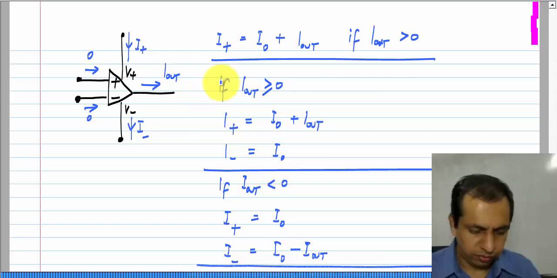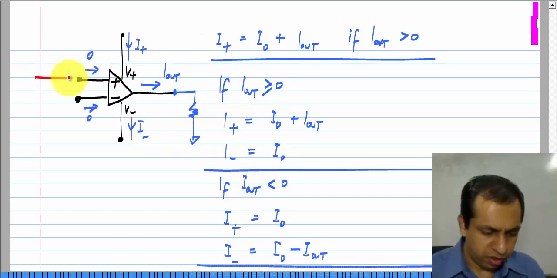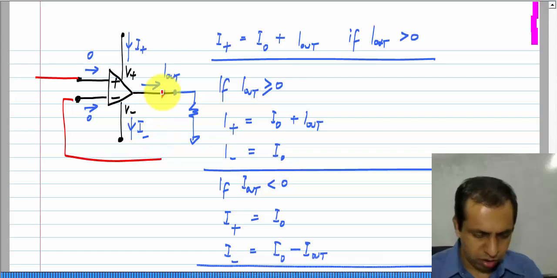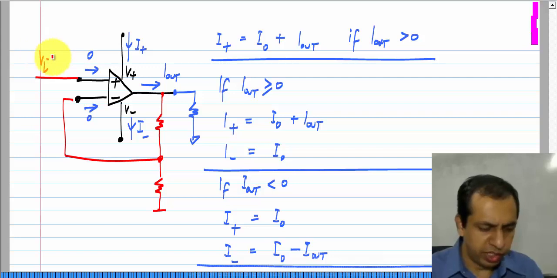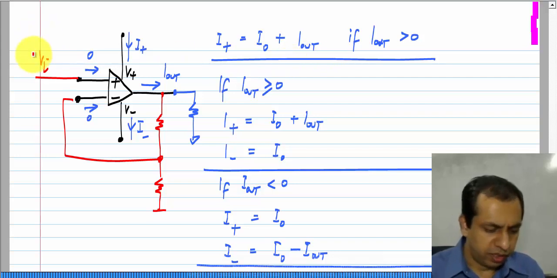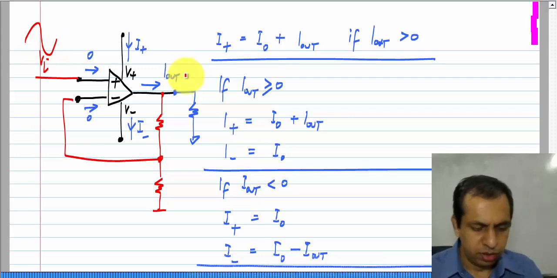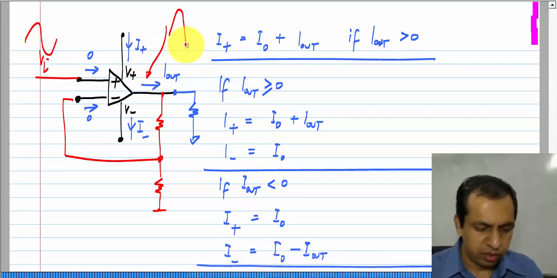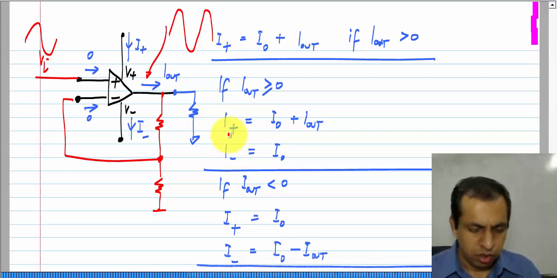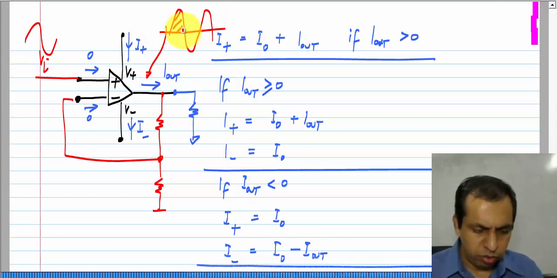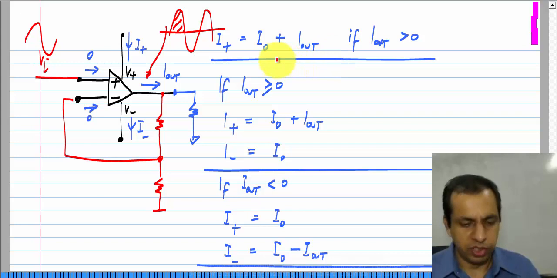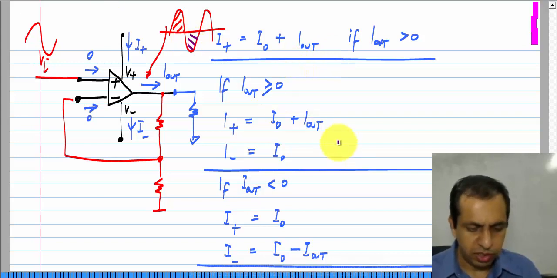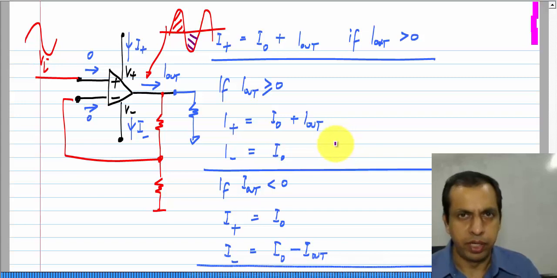So, for instance, let us make an amplifier out of this. I won't work out the precise details. Okay. So, let us say that the input is a sinusoid, the output voltage here also will be a sinusoid. So, during these parts I out will be positive and during those parts I out will be negative. Okay.